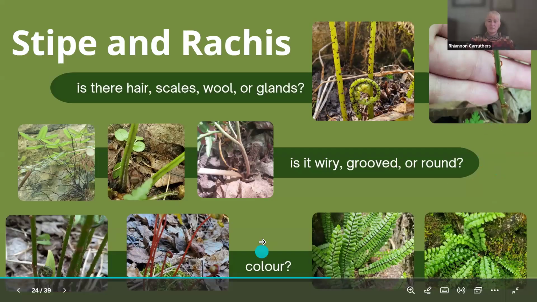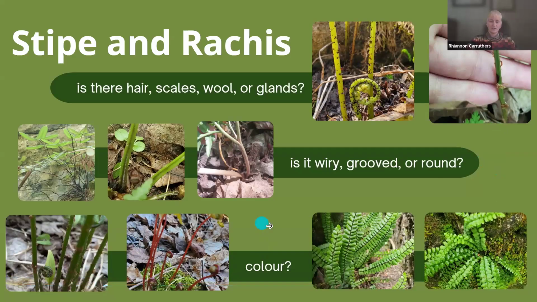An interesting thing when it comes to color and ferns, the human eye can actually see more shades of green than any other color. This came evolutionary. It was very important to be able to tell differences between different colors of leaves when it came to eating food in the wild. So you'll start to notice color variances between ferns, and that's something that can also help with ID.